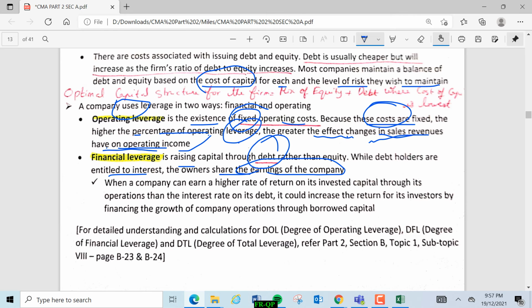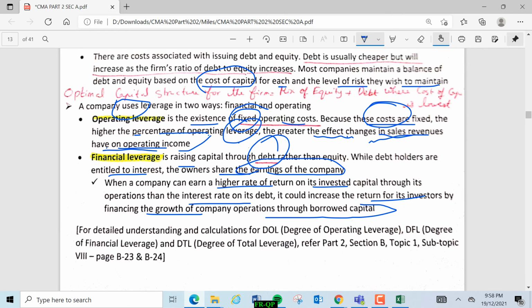When the company can earn a higher rate of return on its operations, the interest on debt can increase the return of the investor by increasing the growth of the company through borrowed capital. So you can only avail this benefit if your return is more than the borrowed fund. In the opposite scenario, it will not work because your fixed cost will start going.